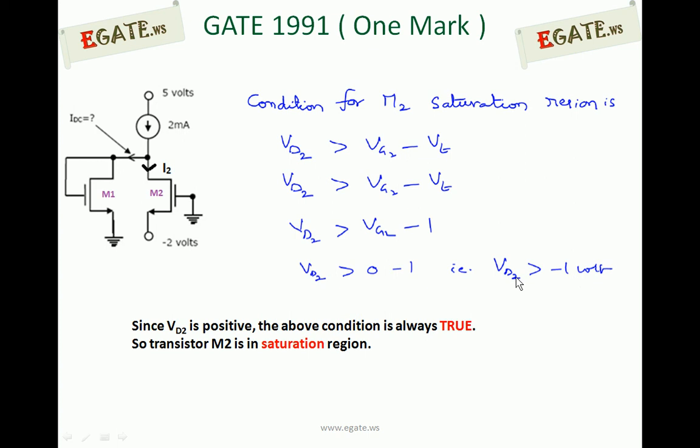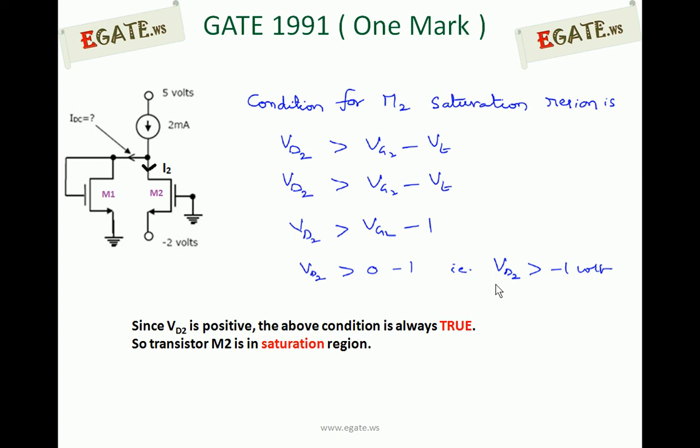So the drain voltage of M2 should be greater than minus 1 volt. If M2 has to be in saturation region, its drain voltage should be greater than minus 1 volt. But according to M1 transistor, Vd1 is positive, and Vd1 is nothing but Vd2, which is also positive. So positive values are always greater than minus 1 volt. So the above condition is always true and the transistor M2 is always in saturation.